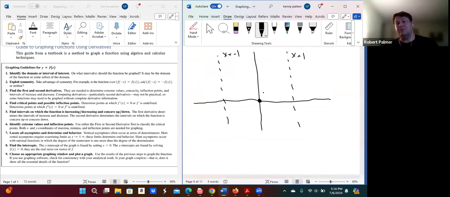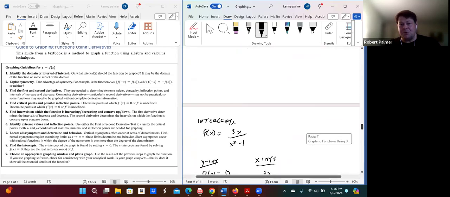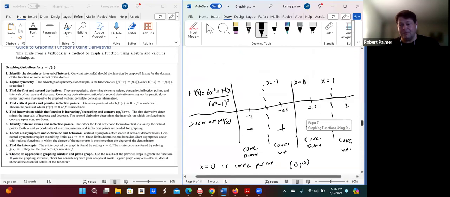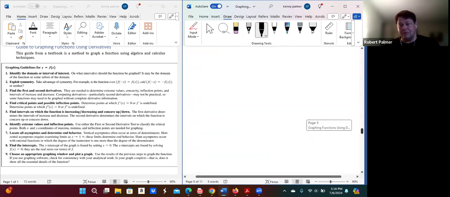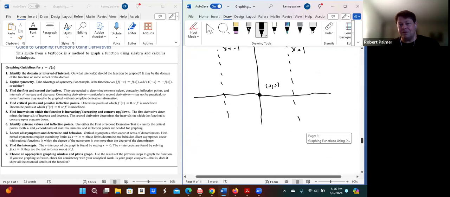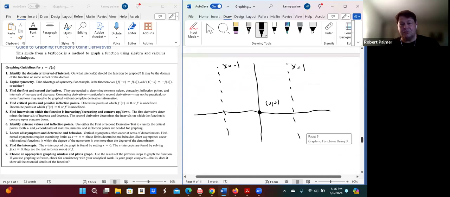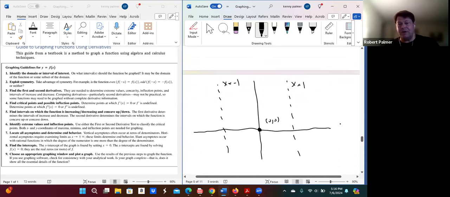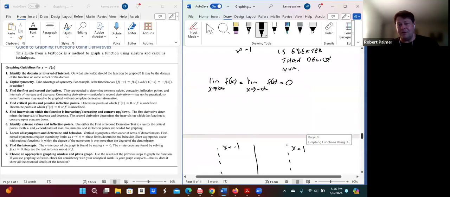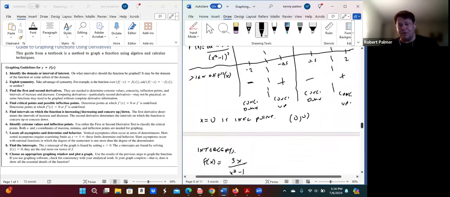Okay. Now, notice a few other things we have. Okay, so we said basically the function is decreasing everywhere. Okay, and think about our concavity. So over here, go back to our concavity.